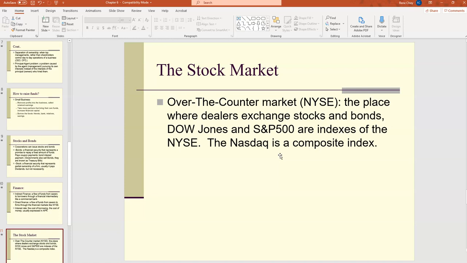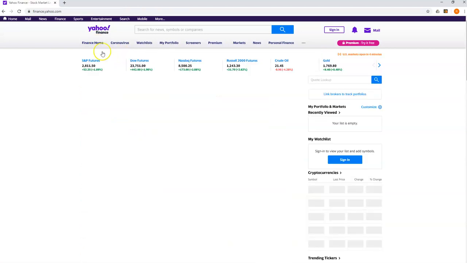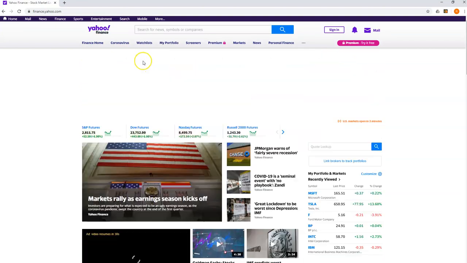Now, these stocks are usually organized in indexes, and the indexes represent something. So the Dow Jones Index is maintained by a company called Dow Jones, and they have been keeping this index for longer than 100 years. And the Dow Jones Index is one of the most quoted indexes out there.